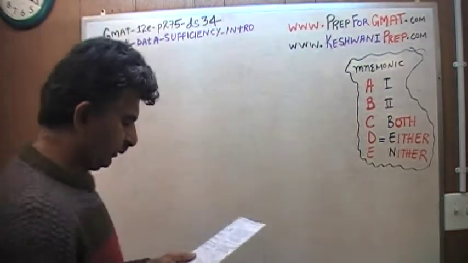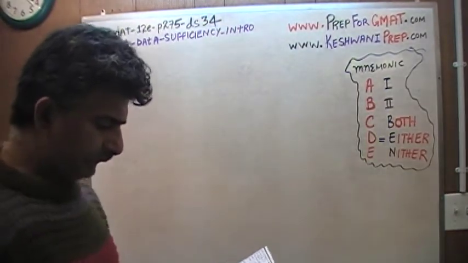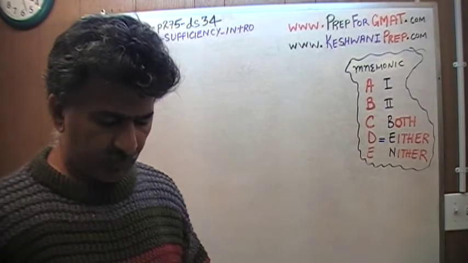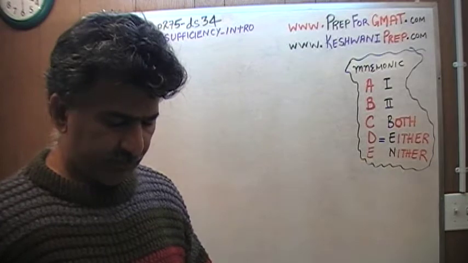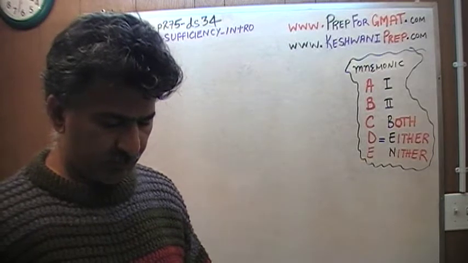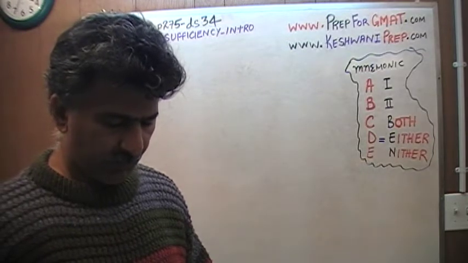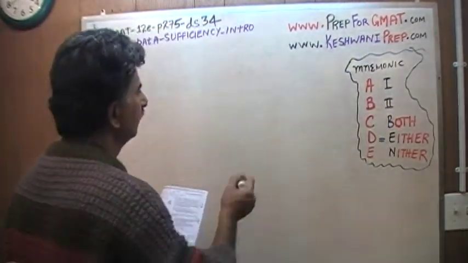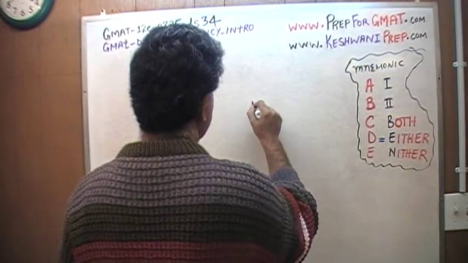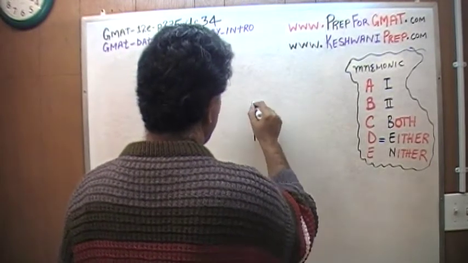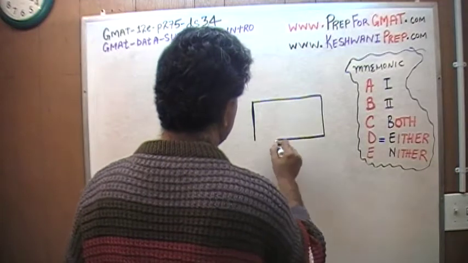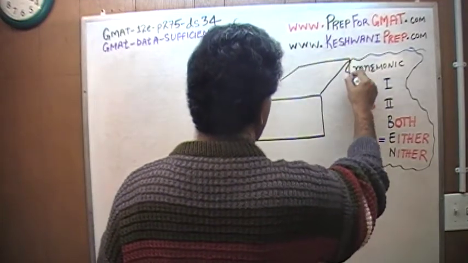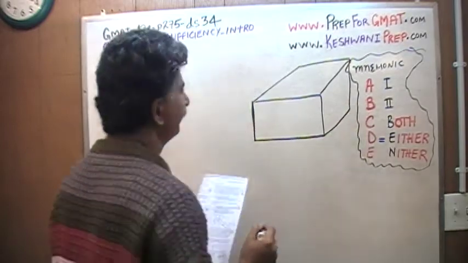Number 34. Let's take a look at it. They give you a little picture here. It says the inside of a rectangular carton is 48 centimeter long, 32 centimeter wide, and 15 centimeter high. So let's draw the carton that they're talking about. There we go.